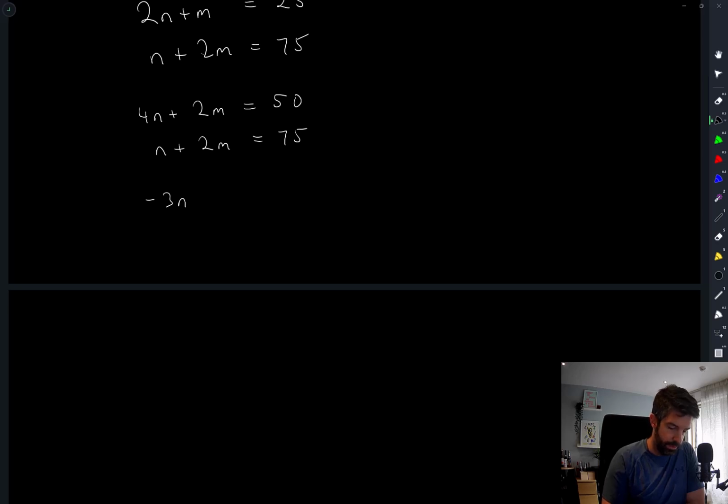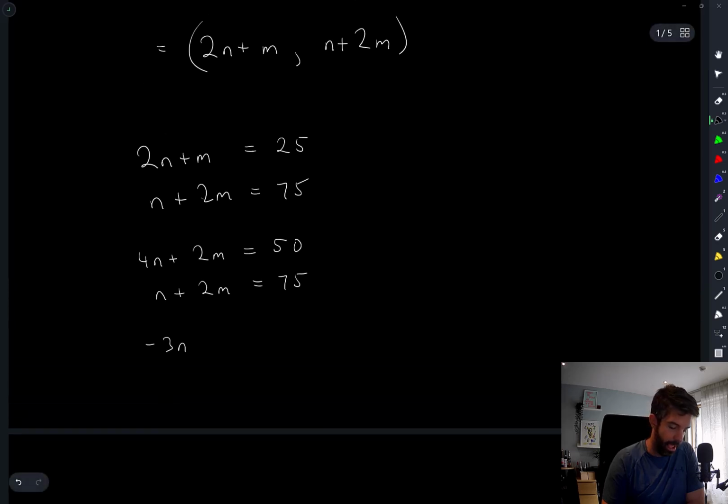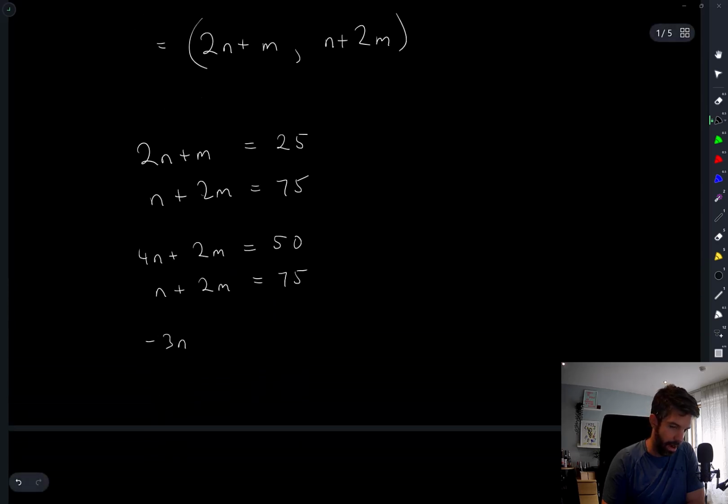Ooh, the moves also have to be positive. So this is interesting.